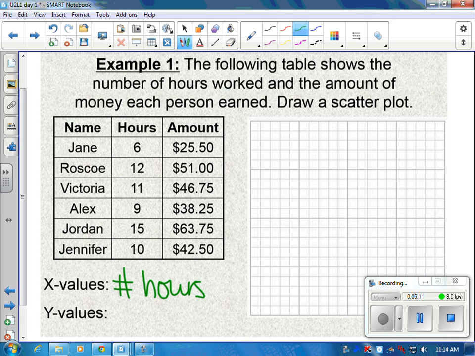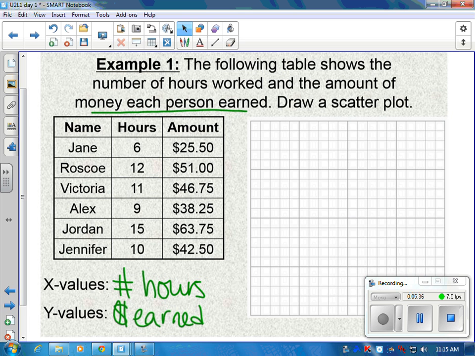And what is that? What does that represent? Dollars. Dollars what? You may have to read the words. It's not amount of money that we are spending. It's the amount of money that we earn. So we're working at some job. We work a certain number of hours, and however many hours I work, that tells me how much money I'm going to make. So now we need to graph it.